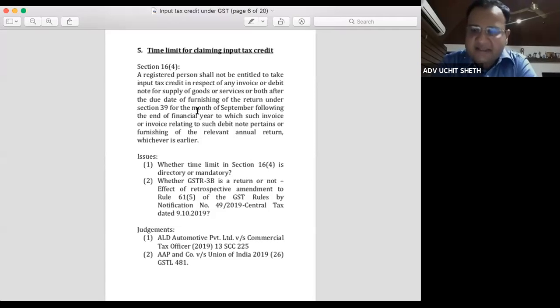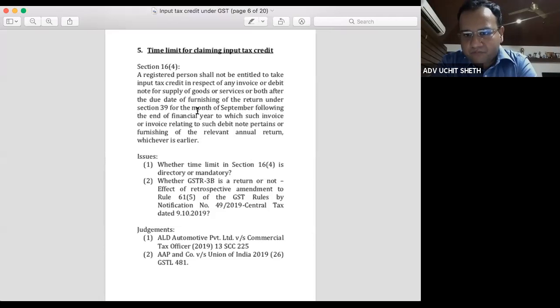But as things unfolded, it was found that this 3B itself and the system right now is not very smooth, and therefore the government has not yet implemented GSTR 1, 2, 3, etc.